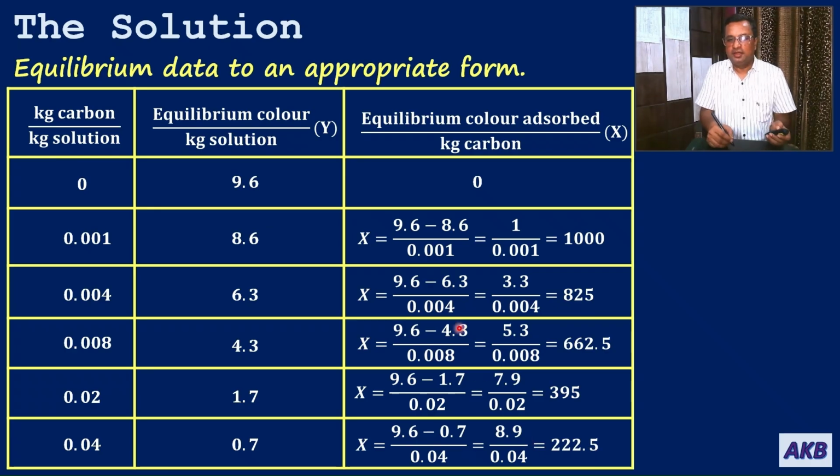So in this way, we get different values of X. And now we have to use these values to get the equation for the Freundlich adsorption isotherm. So let us move ahead.